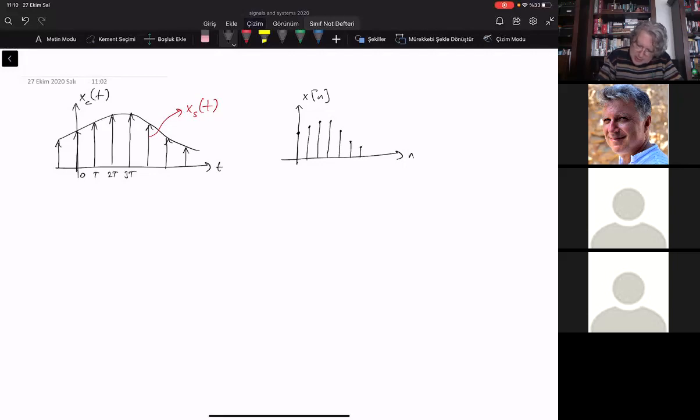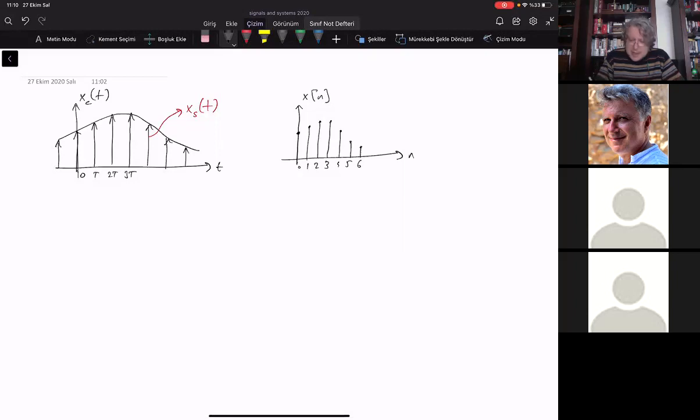So the axis values will be 0, 1, 2, 3, 4, 5, 6. So x of n will look like this. Now, a critical observation that we make is that after sampling, we forget what capital T was. We don't remember it anymore. This is x of n, and it is independent from capital T, but it is related to capital T if you want to relate everything to x sub c of t.